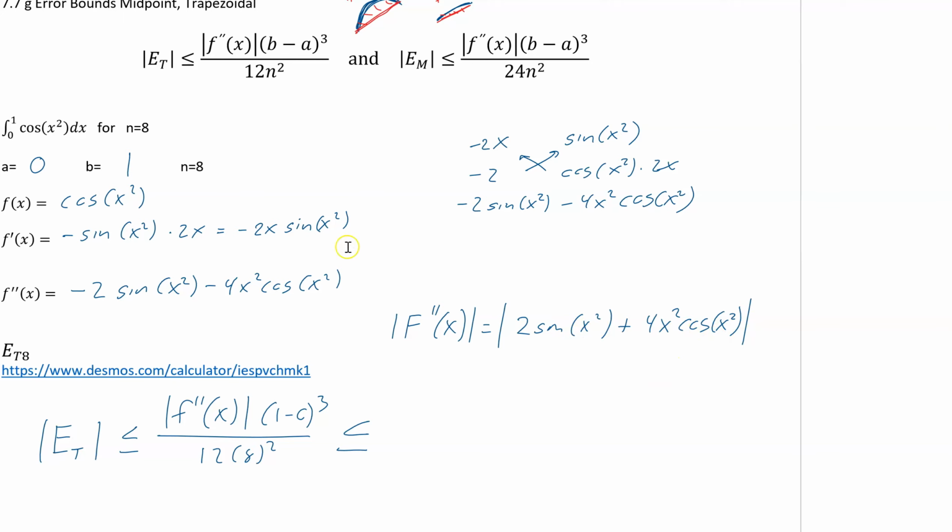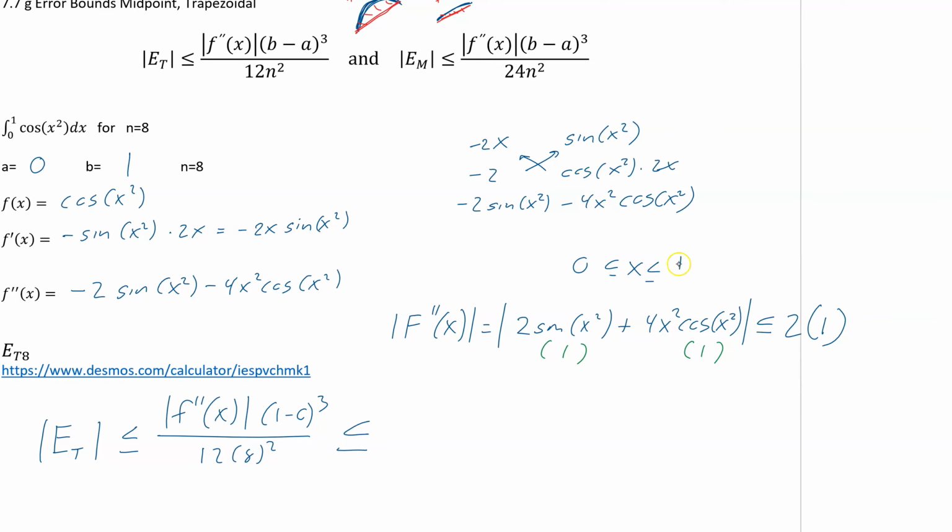And for x squared, as you go from 0 to 1, remember our x here is between 0 and 1. These are the numbers we can plug in, right? So as we go from here to here, we know that this is going to be less than or equal to 2, of course. And then sine would be 1, this would be 1, this would be 1. And then for x, as you plug numbers in here, fractions are going to get smaller and smaller until you hit 1.